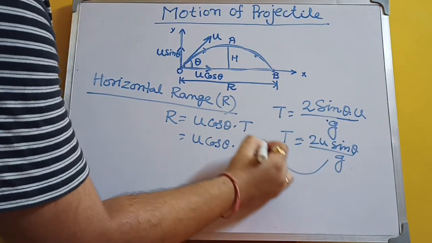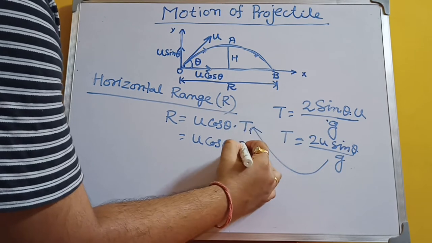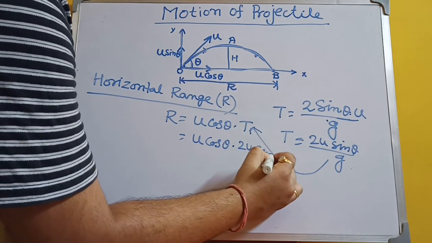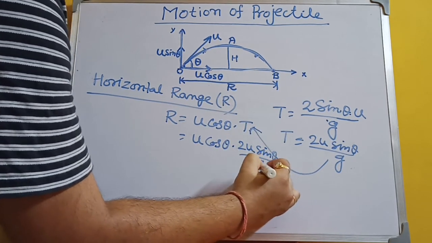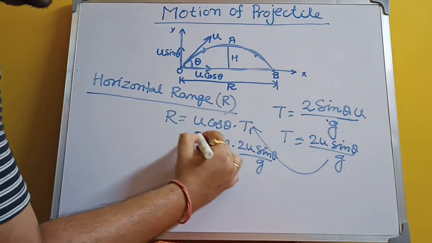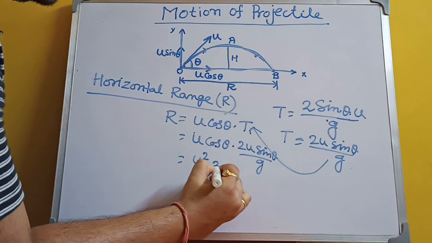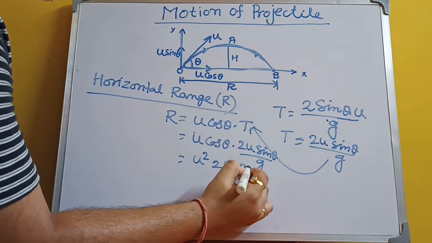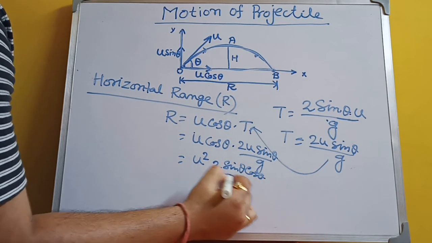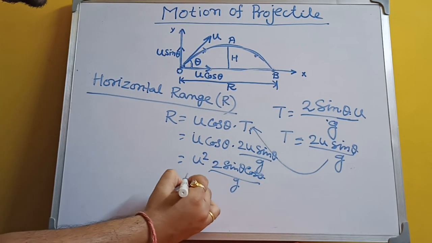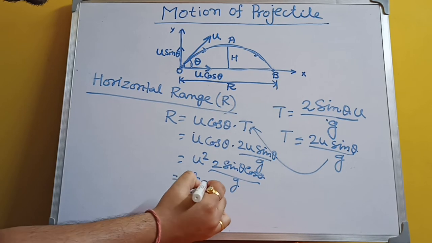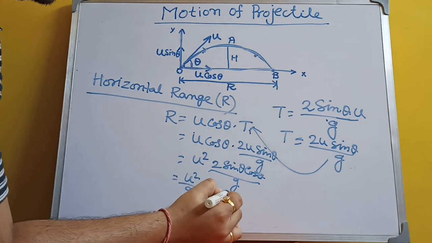Now put the value of t in here: 2u sin theta by g. This gives u into u, u square, 2 sin theta cos theta by g. That is u square by g sin 2 theta.